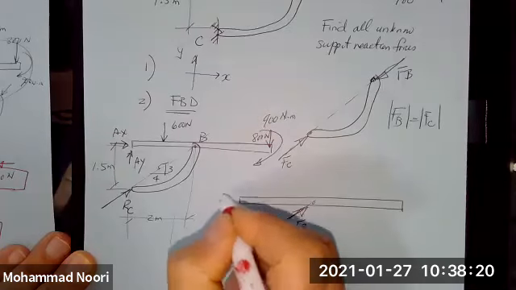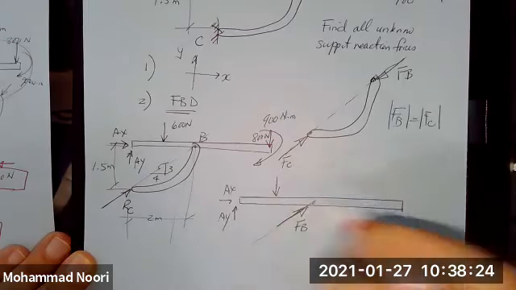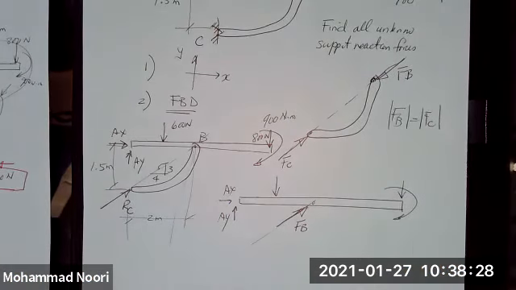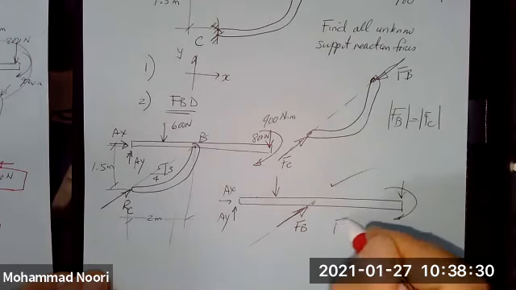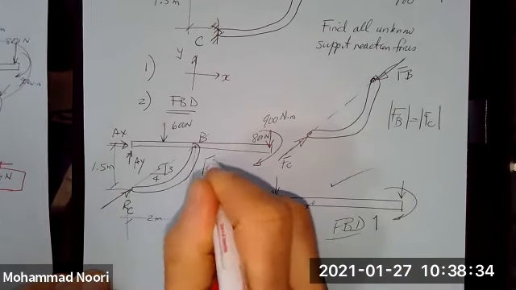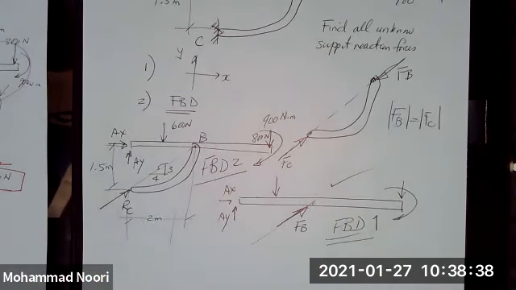These are the other two unknowns, AX, AY, and these are the applied loads. Both free body diagram 1 and free body diagram 2 are the same as far as equilibrium is concerned, so you can use either one and get the same answer.